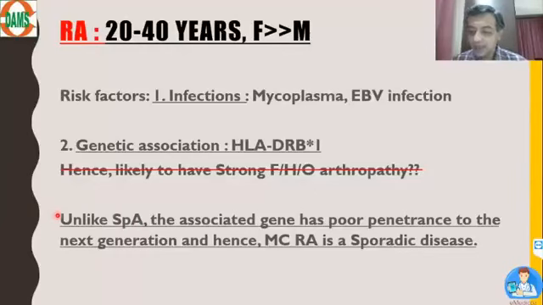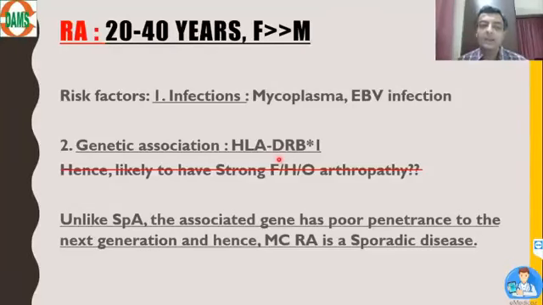So we have started with the first slide only today. Rheumatoid arthritis is a disease affecting young to middle-aged females. Risk factors can be in the form of infection and genetic association. Infections associated with risk of RA are mycoplasma and Epstein-Barr virus infection. The genetic association is HLA-DRB1.